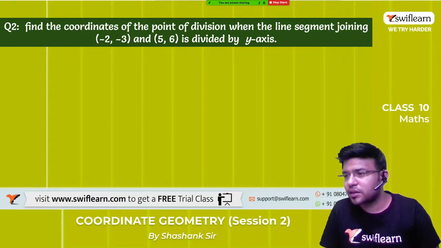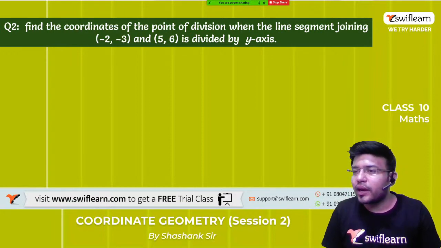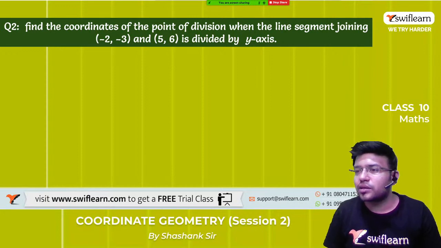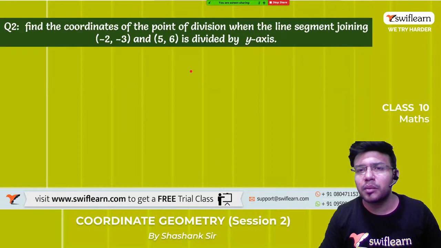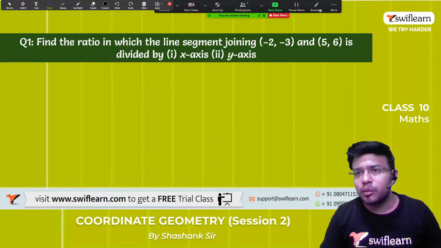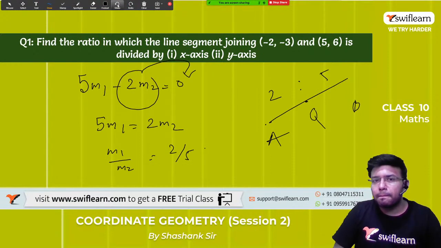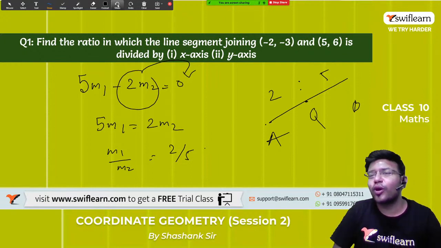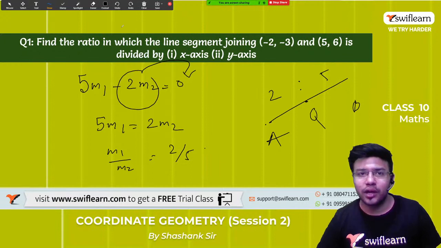They have asked us to find the coordinates of the point which is dividing the y-axis. It is a similar problem, the previous problem only. They have told you to find the y coordinate.